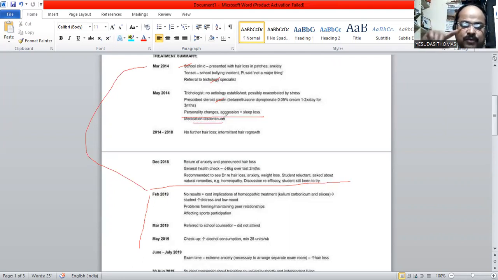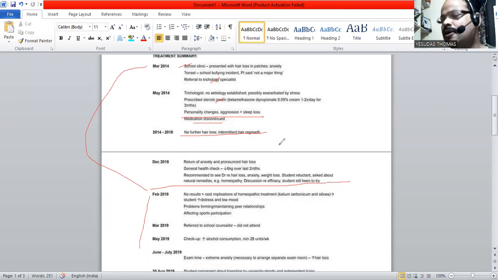We are going to write what we have marked. There was no further hair loss, but we got some occasional hair regrowth between 2014 and 2018.